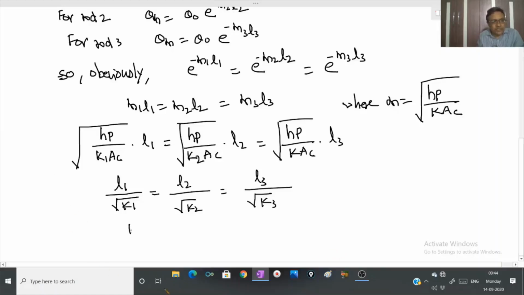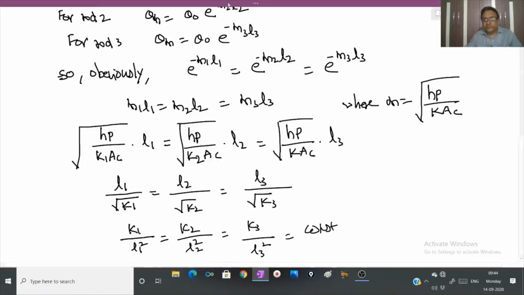Further simplification will give me K1 over L1 square is equal to K2 over L2 square is equal to K3 over L3 square, and this will be constant.